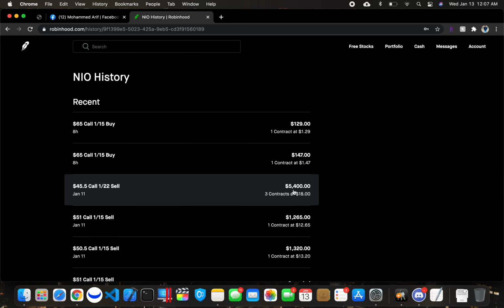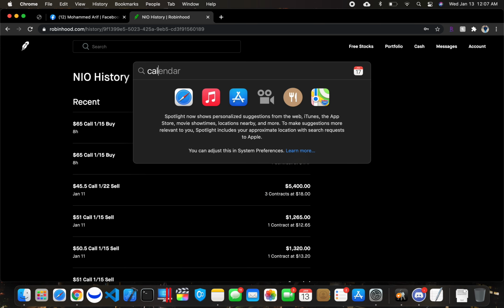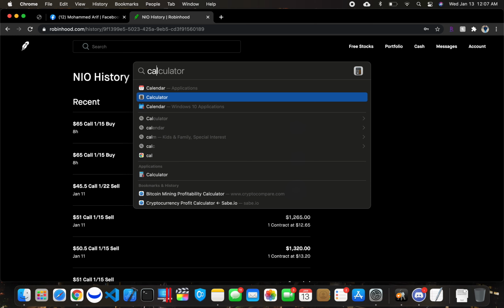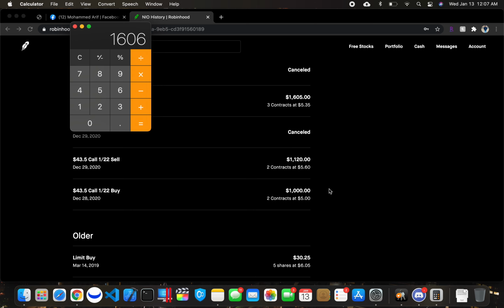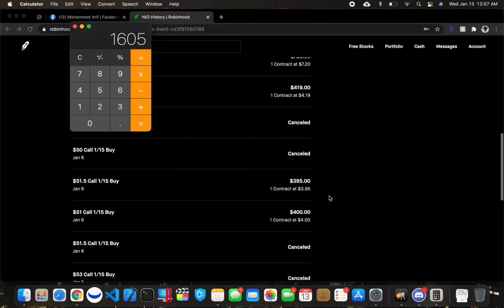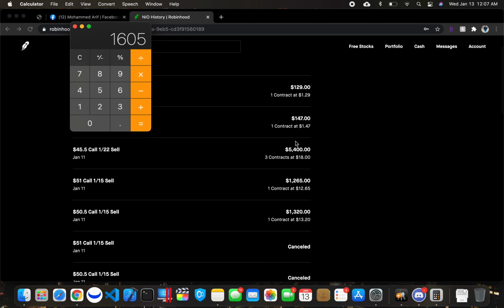So I made a total of $5,400. So if we do a calculation on that, I paid 1606, if I'm not wrong, 1605. Okay, so 1605, and I made 5,400. So minus 1605, I made a total profit of $3,795 on those 3 calls that I had.